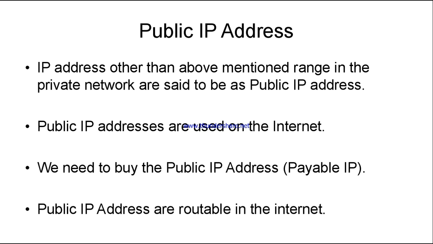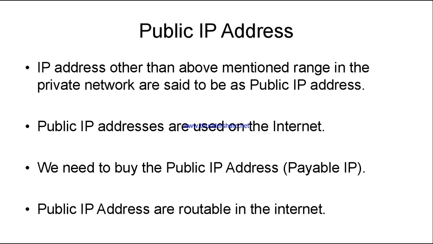The IP addresses other than the above mentioned ranges in the private and the APIPA are said to be public IP addresses. The public IP addresses are used on the internet. We can't use private IP addresses on the internet cloud. We can use only public IP addresses on the internet cloud. But private IP addresses are free of cost. We can use or change them whenever we want within an organization.